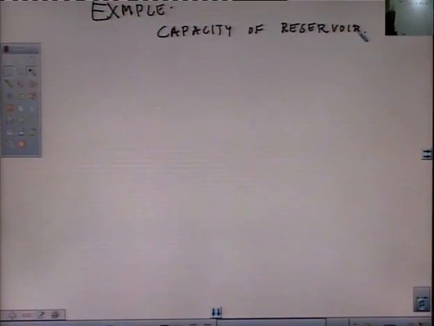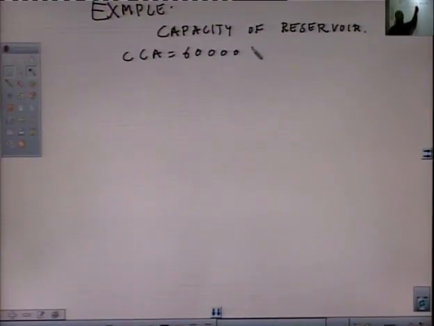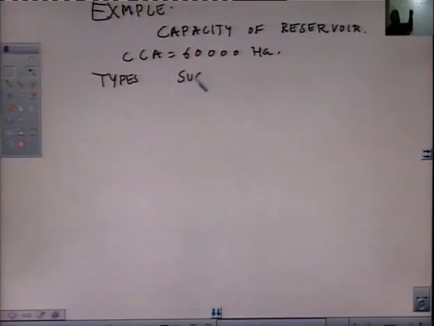We are having the following data. First of all, the cultivable command area, CCA, is given as 60,000 hectares. Then different types of crop are there: sugarcane, wheat, rice.